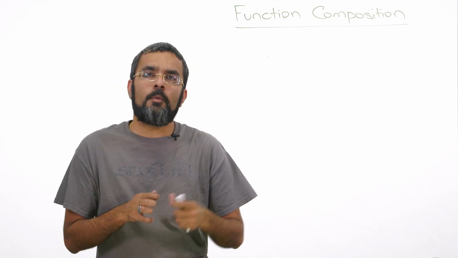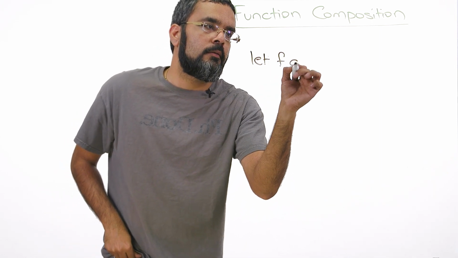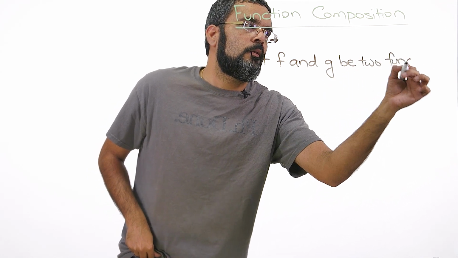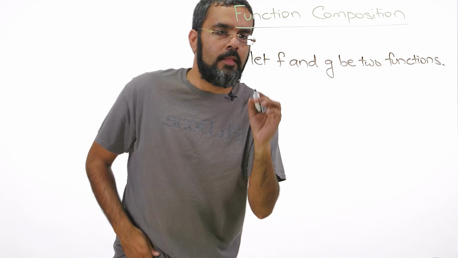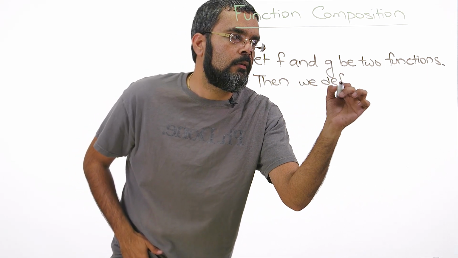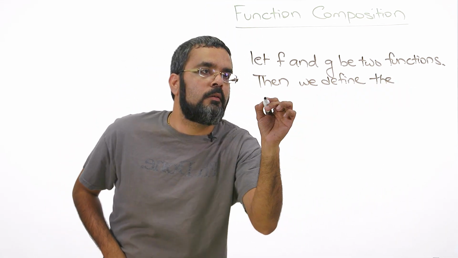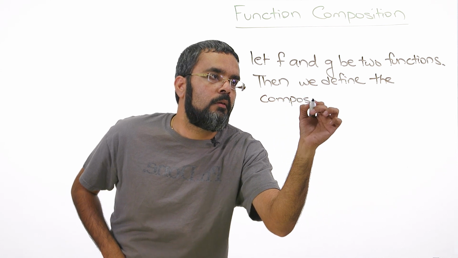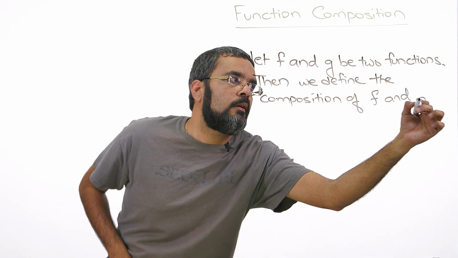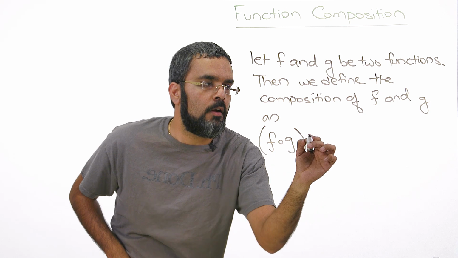So let's get a more formal definition of composition of functions. Let f and g be two functions. Then we define the composition of f and g as (f∘g)(x).